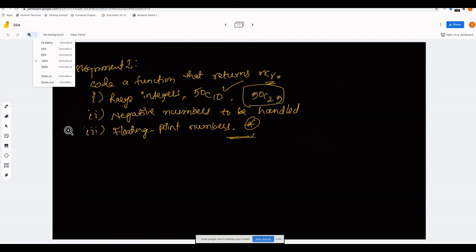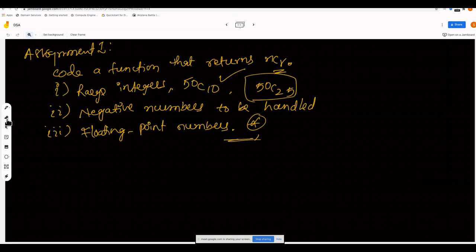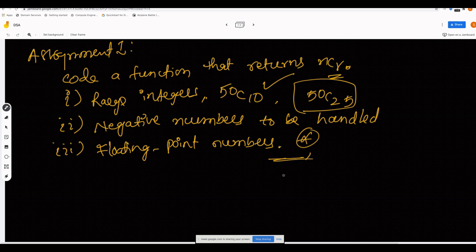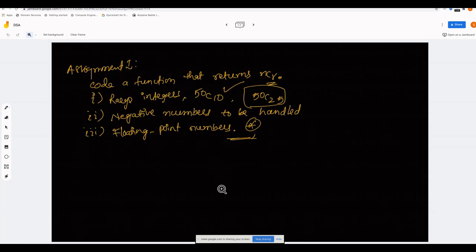Let me just fit the screen. Fit this at 100%. So this is good enough, right? Okay, yeah, cool. Thank you.